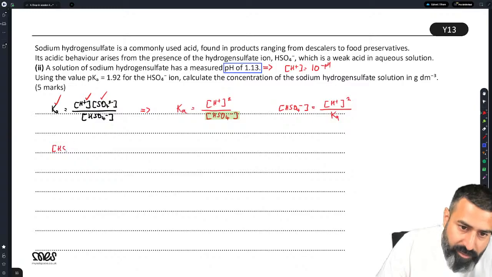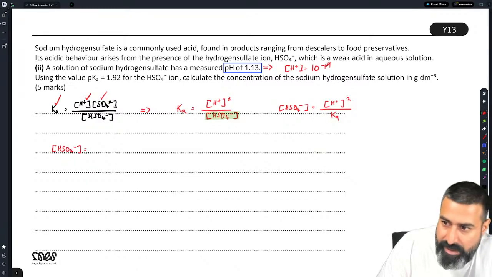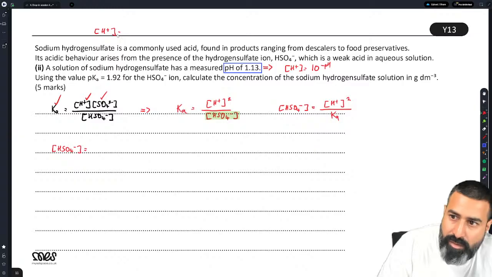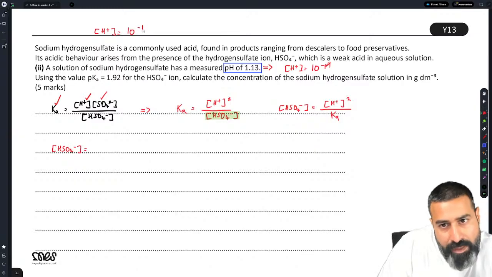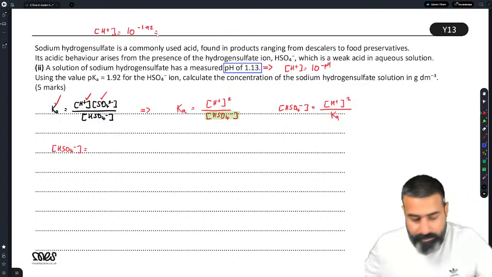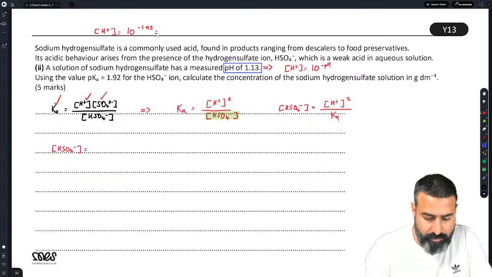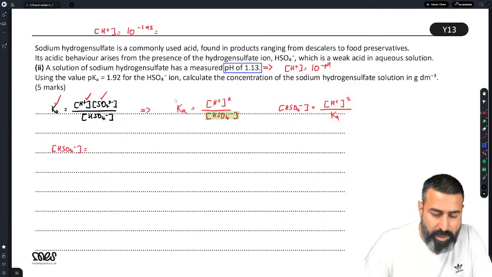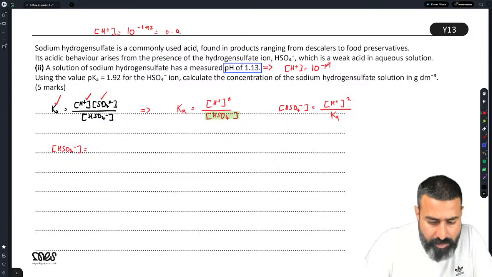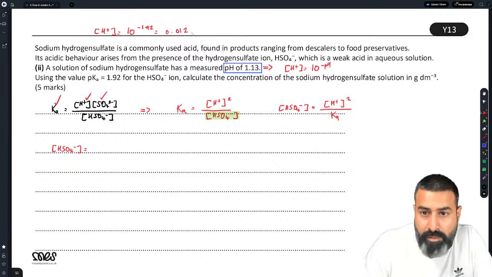So my HSO4 minus concentration is equal to H plus. So my H plus is equal to 10 to the power of minus 1.92. So what's that? Do we get 0.0120226?